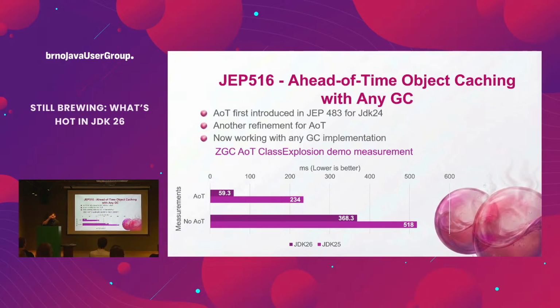It didn't work with any GC implementation before because it used physical links to heap memory. They basically did two implementations. One is the old one, which still uses physical addresses, and the new one uses relative addresses inside the heap memory, which is compatible with any GC.